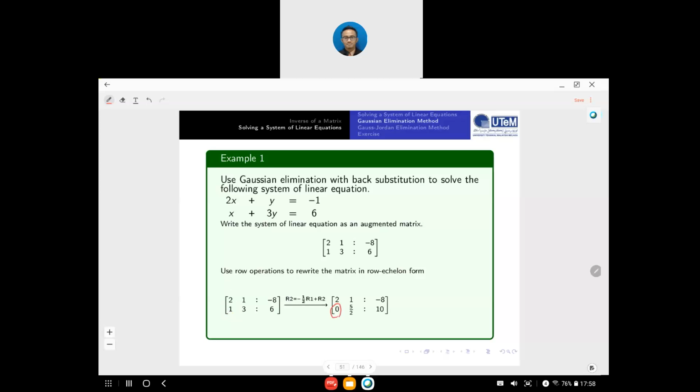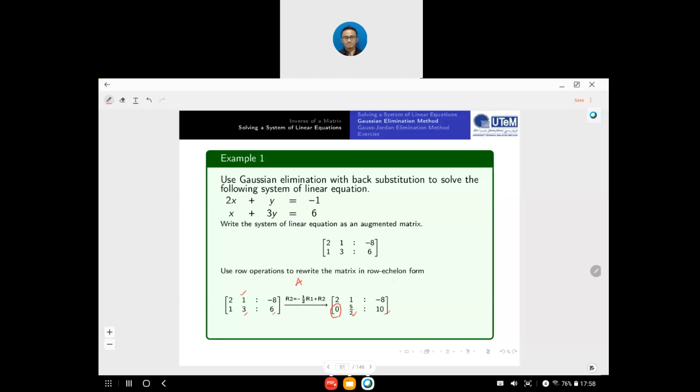And then -1/2 times 1 is -1/2, plus 3 becomes 5/2. -8 times -1/2 becomes 4. 4 plus 6 is 10.